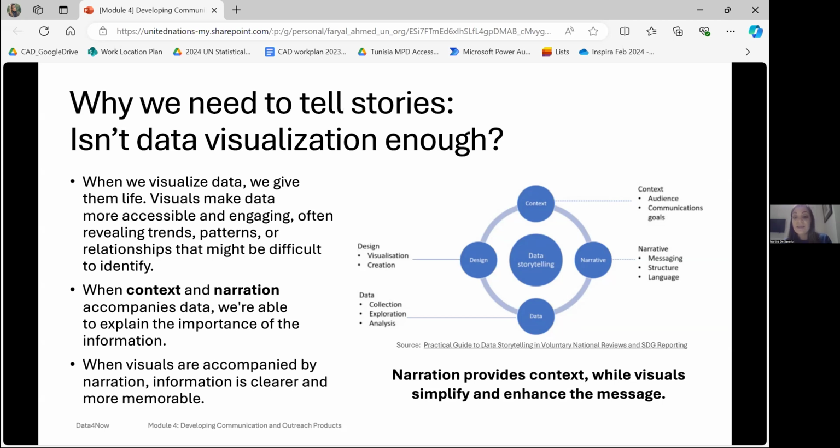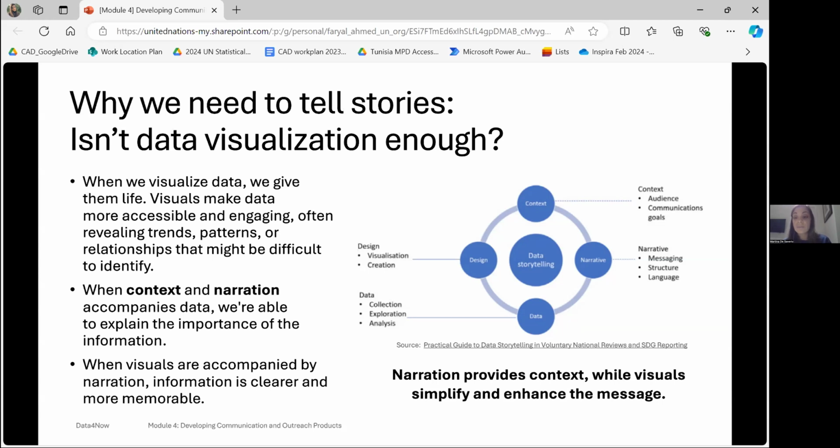In the diagram here, you can see the different components of data storytelling. So we have, of course, a data component. So you, of course, have to follow the data analytics process. So you have to collect the data, explore the data, and analyze the data.